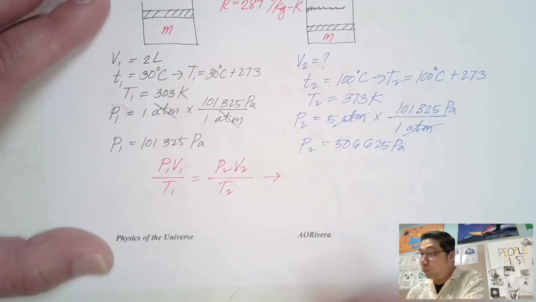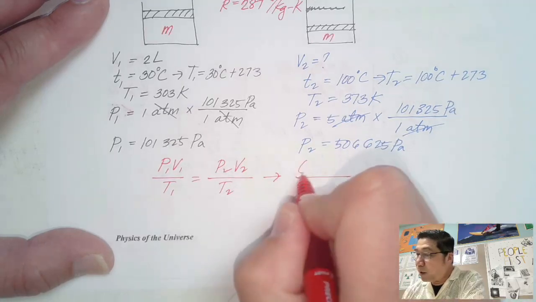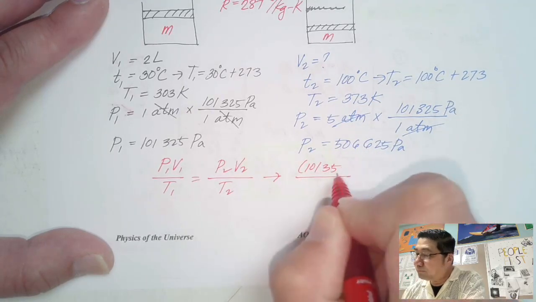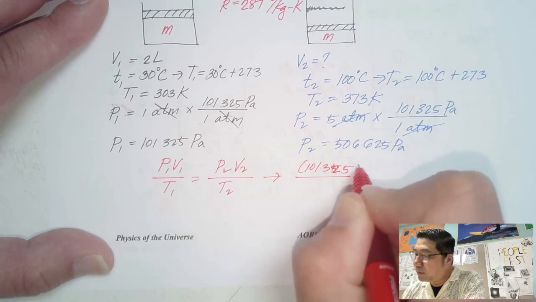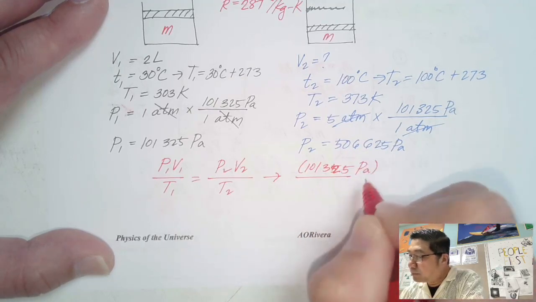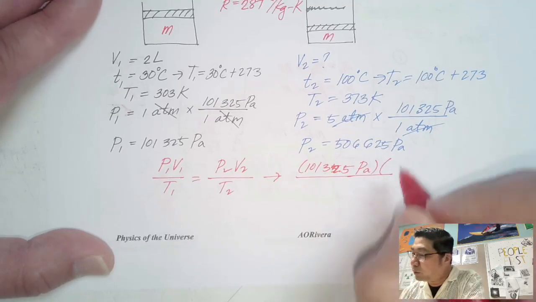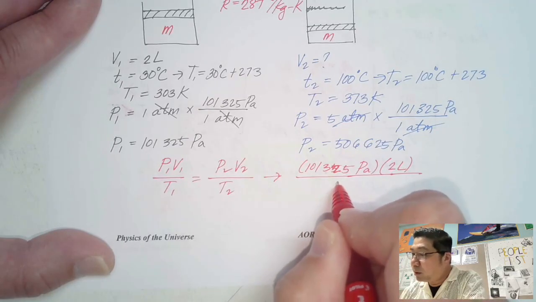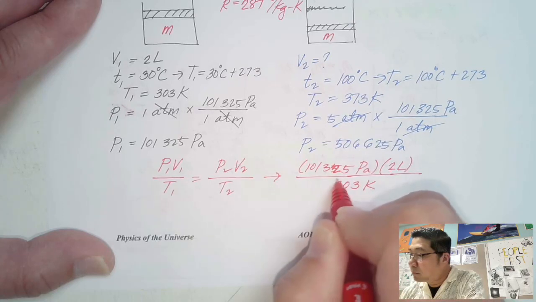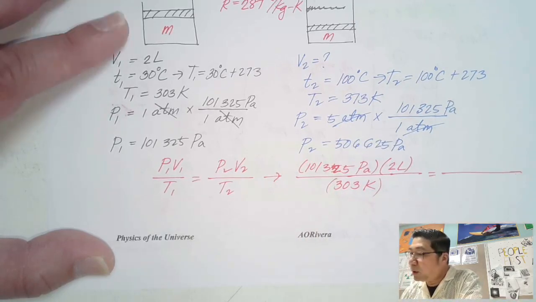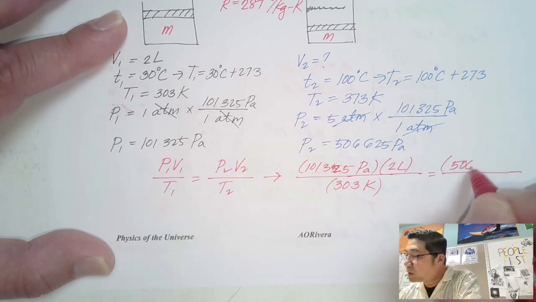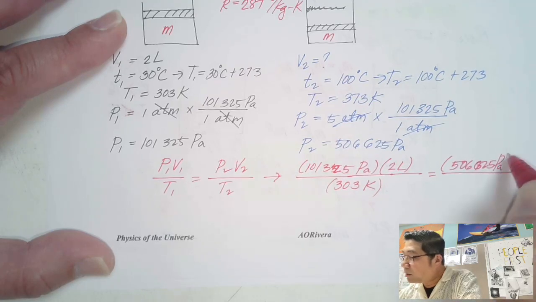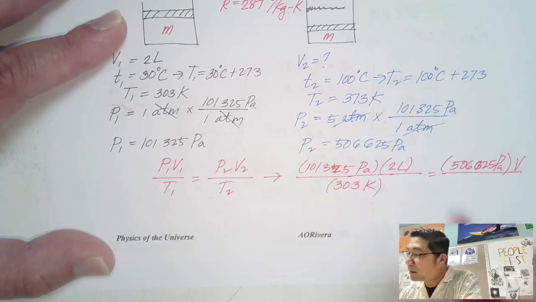What's the value of P1? 101,325 pascals multiplied by volume of 2 liters divided by a temperature of 303 Kelvin, equivalent to, what is the second pressure? 506,625 pascals multiplied by volume over, what is our temperature? That is 373 Kelvin.